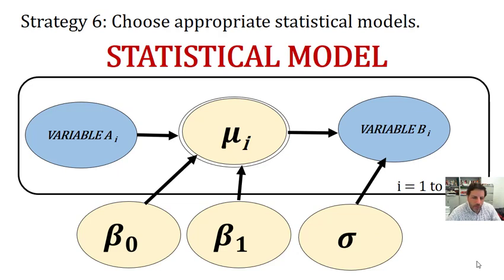So we typically call this parameter a nuisance parameter because we are not interested in it. But we need to estimate values of this parameter in the statistical model. But it's not important to understand the strength of the relationship between variable A and variable B.